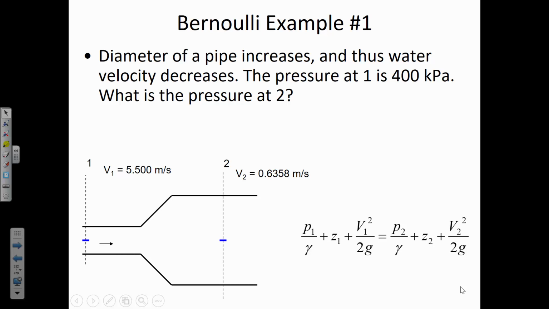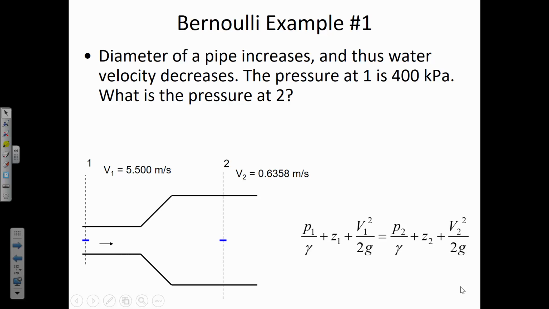So what I'd like you to find here is if we're given that P1 is equal to 400 kilopascals, then P2 is what? And we'll assume that location 1 and location 2 are horizontal. We're working with water, so that's incompressible. Now it's not inviscid, but the reason why it's still okay for us to use Bernoulli's equation is that location 1 and location 2 are pretty close together.